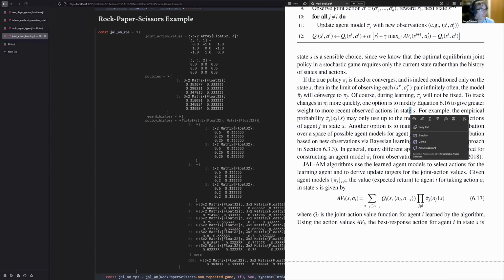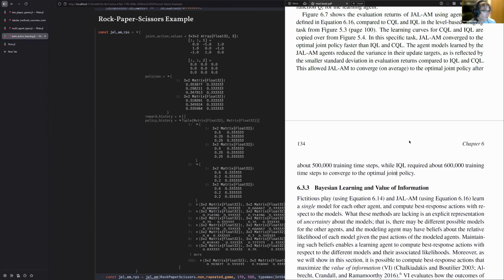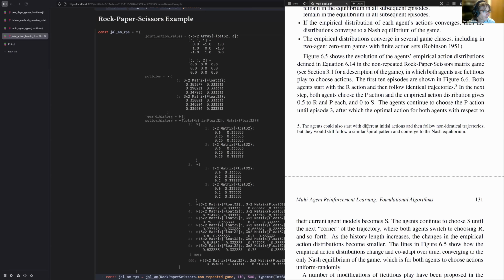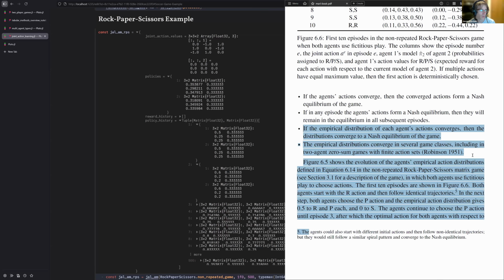But this is a case, this rock, paper, scissors game, where if we look at the convergence guarantees, this would be under these last two bullet points, where the actions are not going to converge, but the empirical distribution will converge.